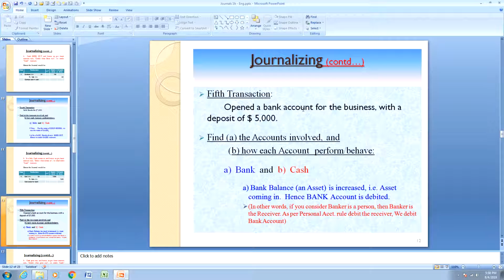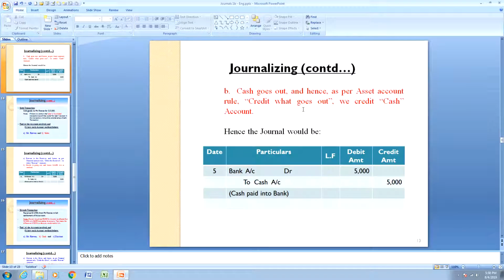Here also, as per personal account rule, debit the receiver, we debit bank account. Cash is going out, hence as per asset account rule, credit what goes out, we credit cash account. The journal would be bank account debtor $5,000 to cash account $5,000.